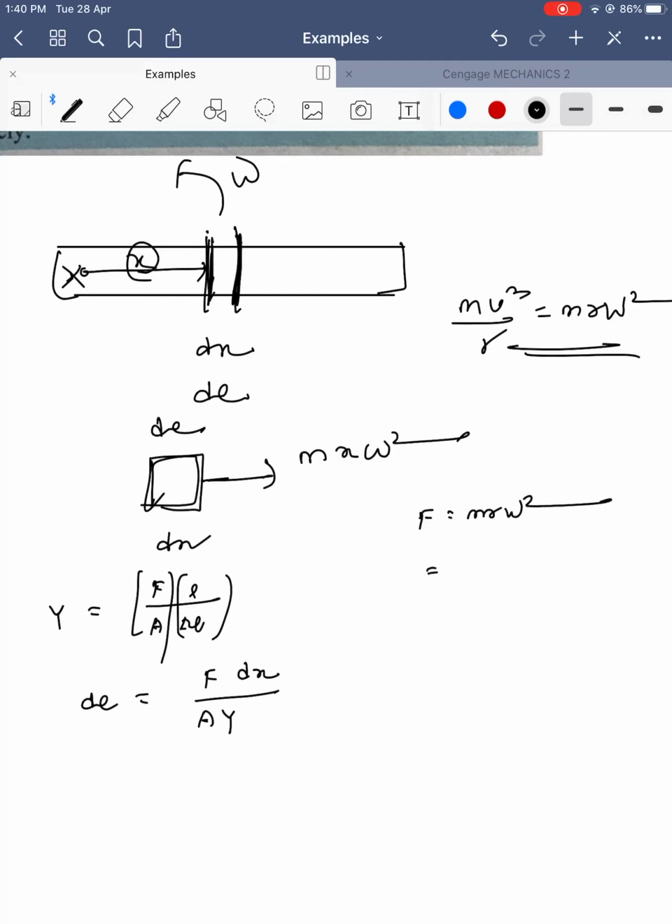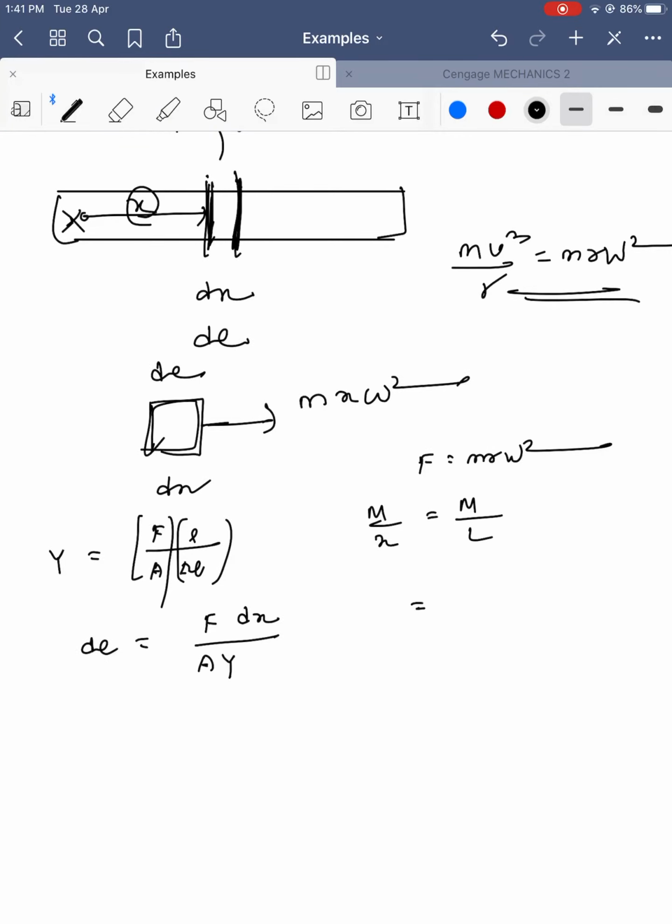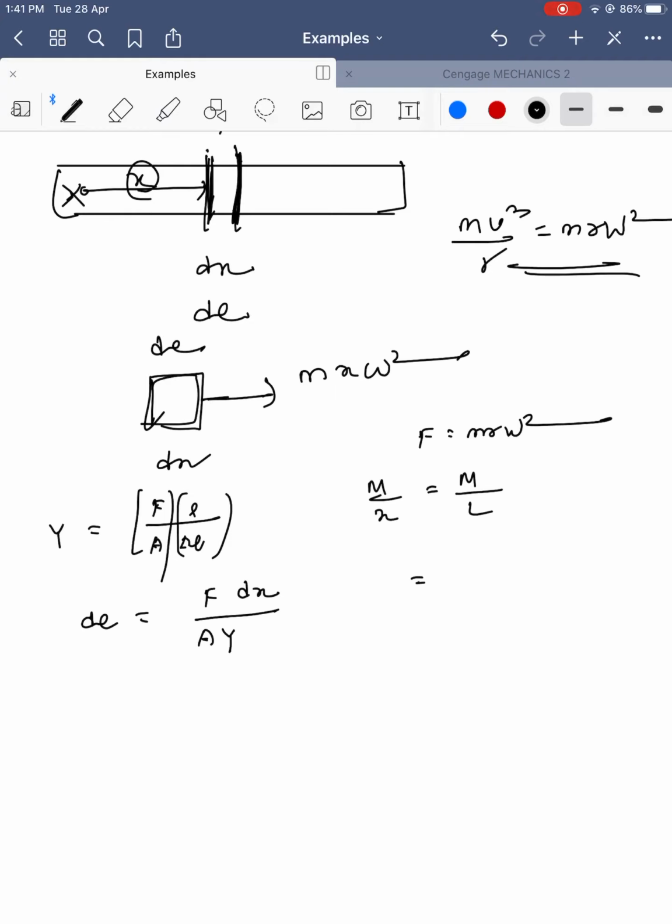How to get m up to x section? m by x is equal to total mass by total length. Instead of mass, he gave density. So how to get the density? Mass is equal to rho A into total length L, so rho A L by L is equal to m by x. L gets cancelled, m is equal to rho A into x.